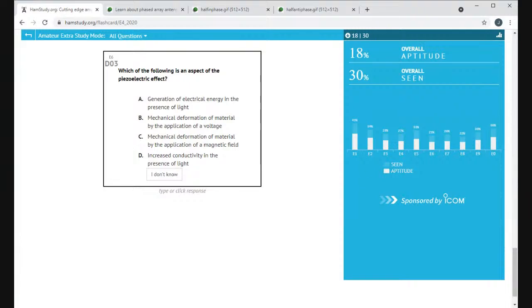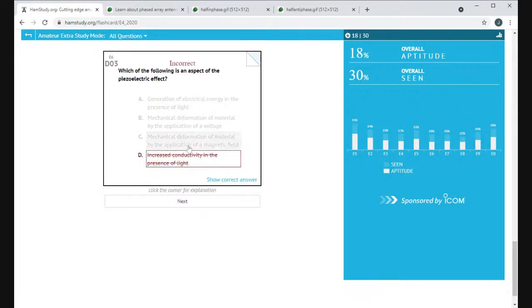D, increased conductivity in the presence of light. I'm going to guess D, increased conductivity in the presence of light. And that is wrong. It is B, mechanical deformation of a material by the application of a voltage.